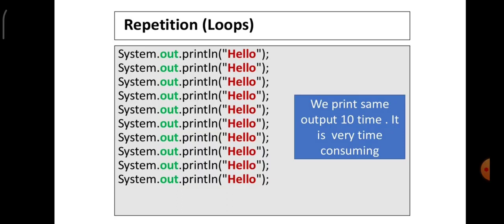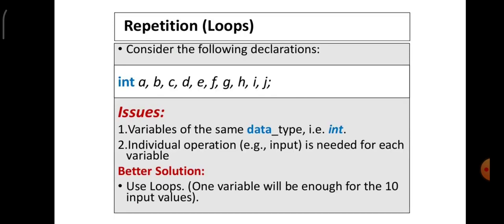If a repetitive statement is not there, you have to type that many number of times as it is given on the screen. For example, if you are going to print numbers 1 to 100, if you do not use a repetitive statement, you have to type system.out.println 100 times, which is logically incorrect. So to overcome that, we use repetitive loops.